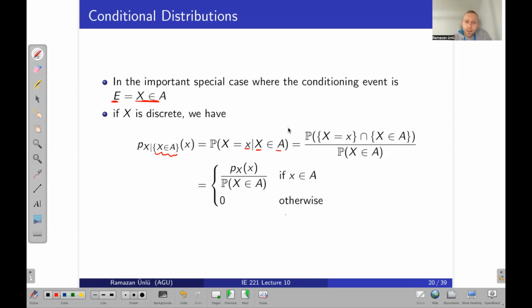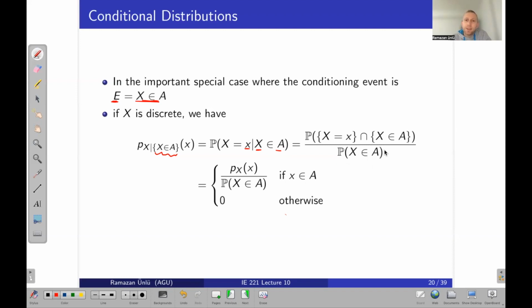In this case, we can simply calculate that the conditional probability will be equal to the probability of X equal to x and X in A, divided by the probability of X in A.